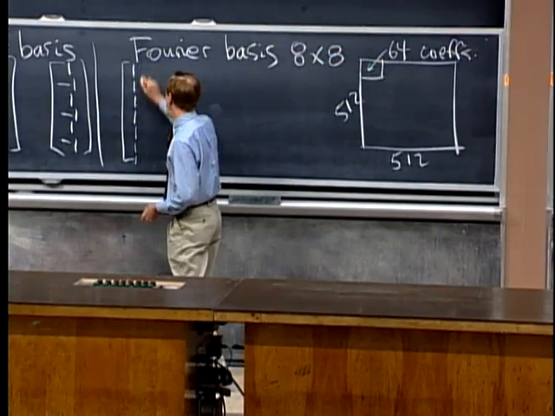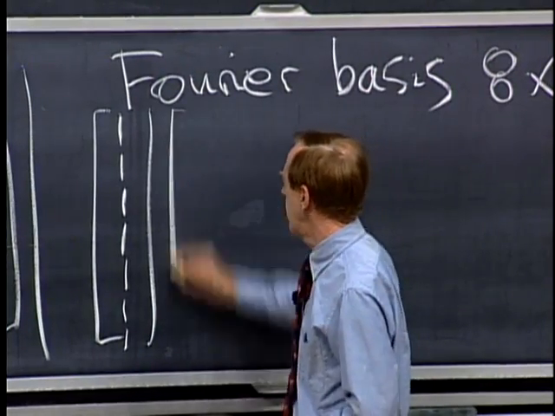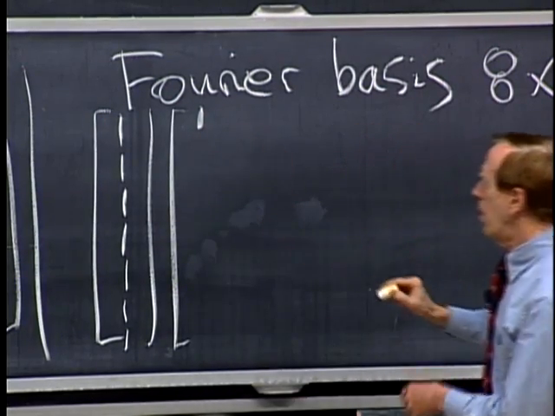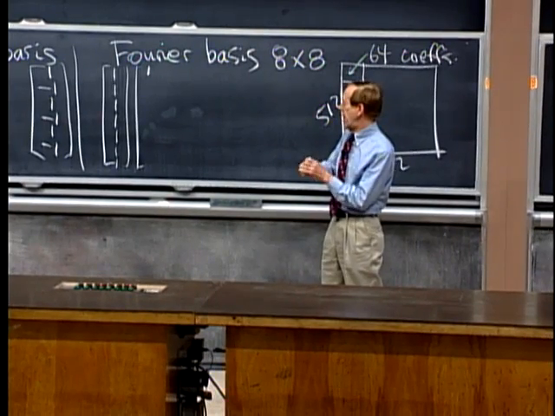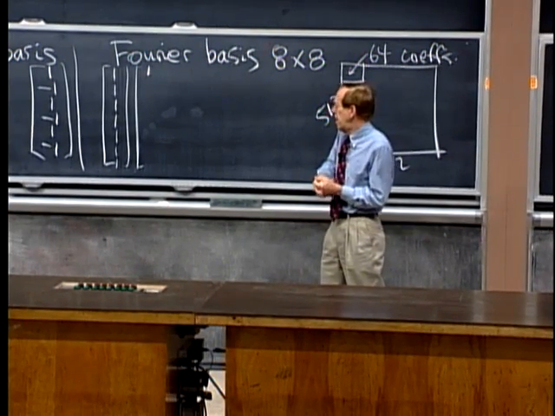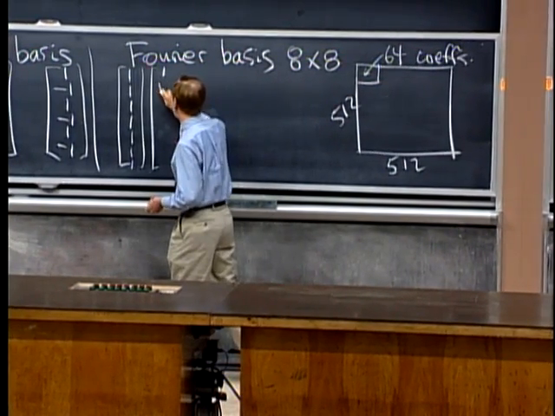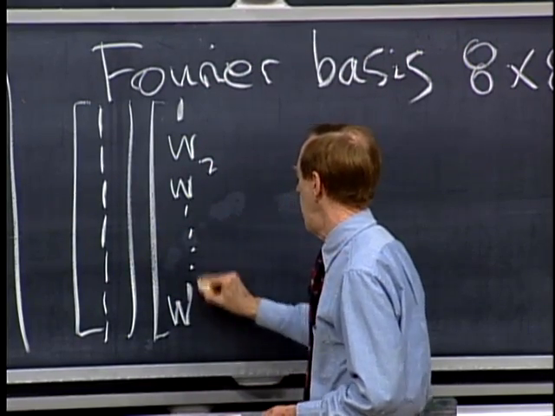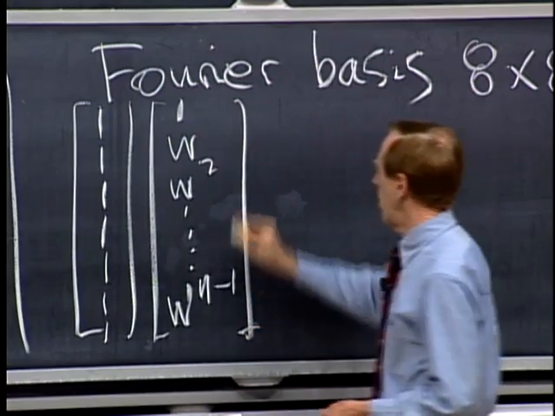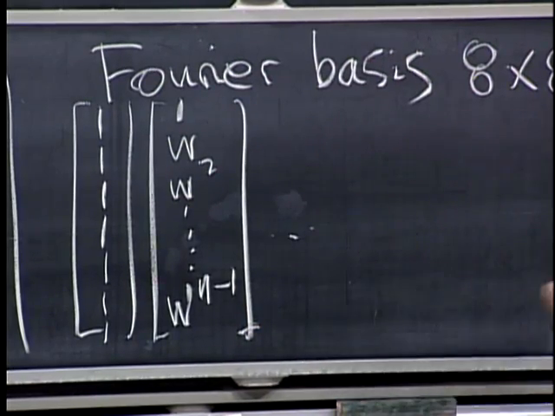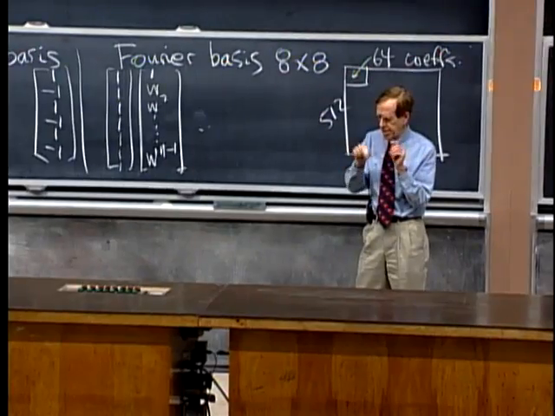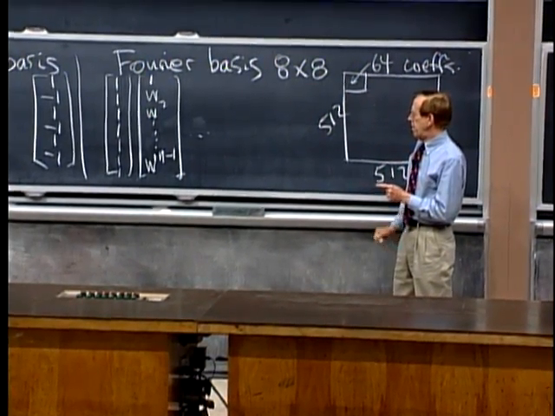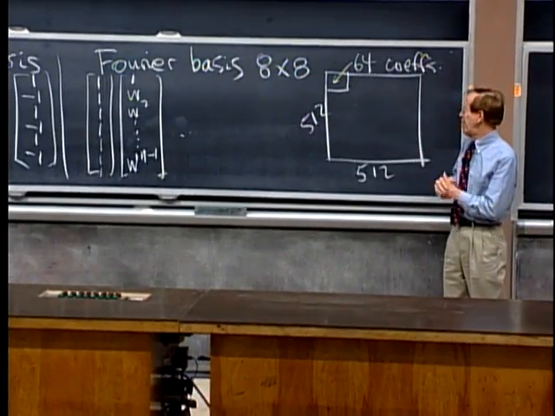You remember Fourier is this vector of all ones, and then, actually I gave a lecture earlier about the Fourier matrix. This matrix whose columns are powers of a complex number W. I won't repeat that because I don't want to go into the details of the Fourier basis, just to tell you how compression works.